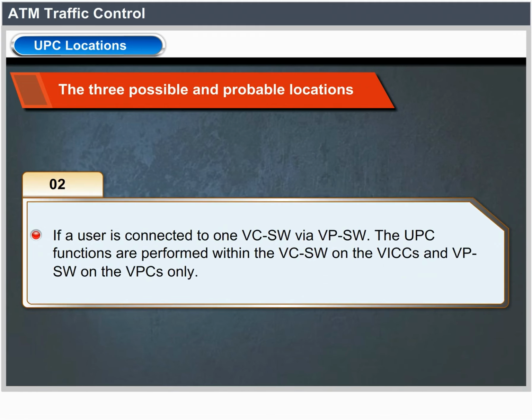B. A user is connected to one VCSW via VPSW. The UPC functions will be performed within the VCSW on the VCCs and VPSW on the VPCs only.